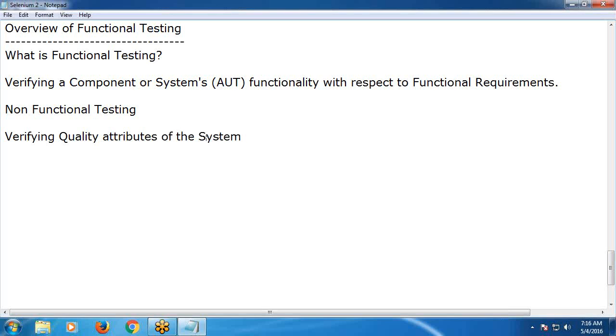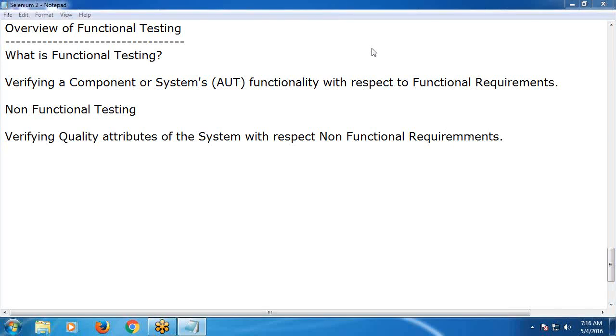System means application under test, with respect to non-functional requirements. Okay, forget about non-functional testing. Our area is functional testing.